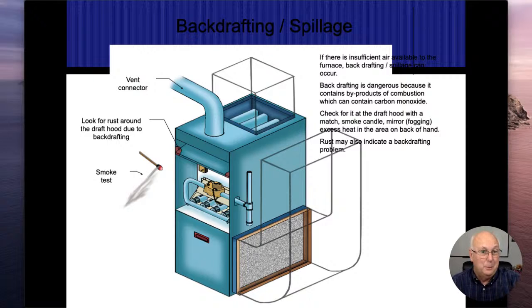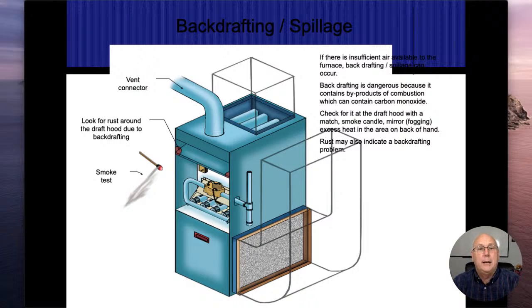You are going to have some, but if it's over a minute and it's still backdrafting or continuously backdrafting, that shouldn't be happening. All right. A little bit in the beginning for a short period of time, that's actually normal. All right. But if it goes on for a long time, that's not normal.